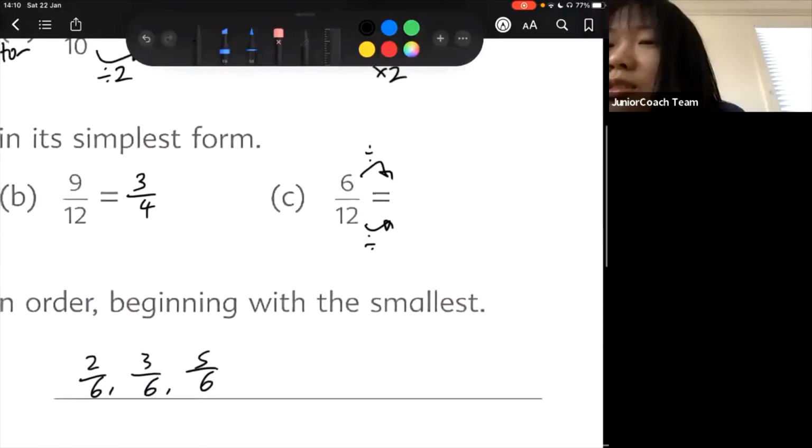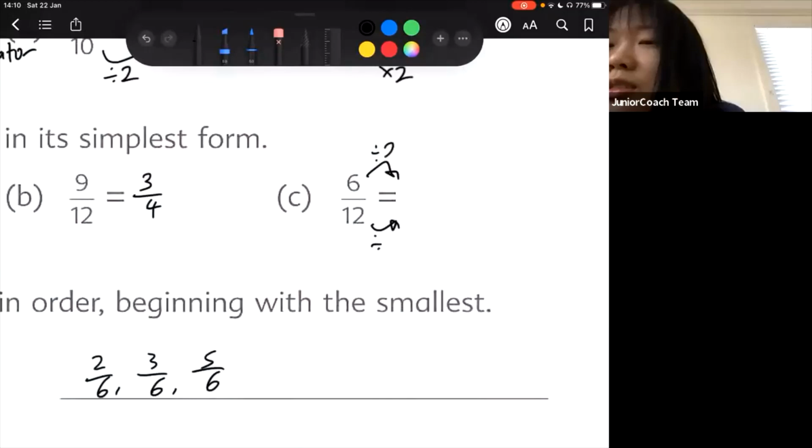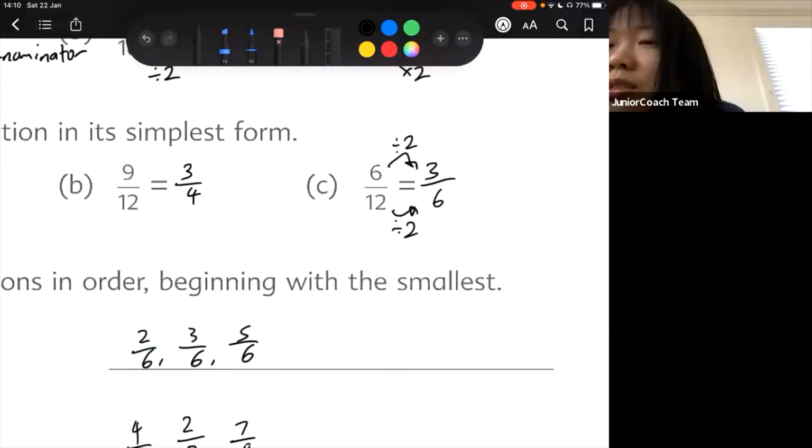Anyways, here we can start with 2, right? So we get 3 out of 6. But we realize that 3 out of 6 can be divided further by 3. And we get 1 out of 2.